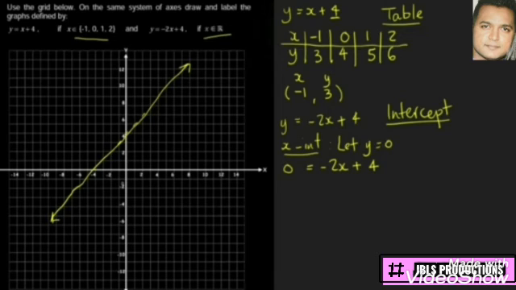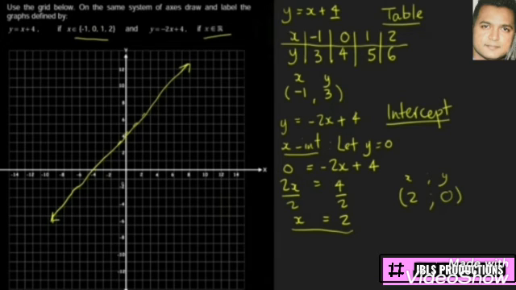I'll bring the 2x onto this side, and I have 4 divided by 2, and you notice x is equal to 2. So now I have my coordinate which I've created: I have x value to be 2, and my y value, I said let y equal 0. So that becomes my first coordinate.